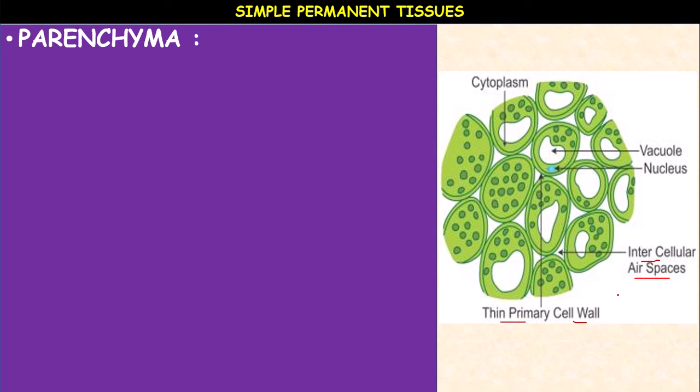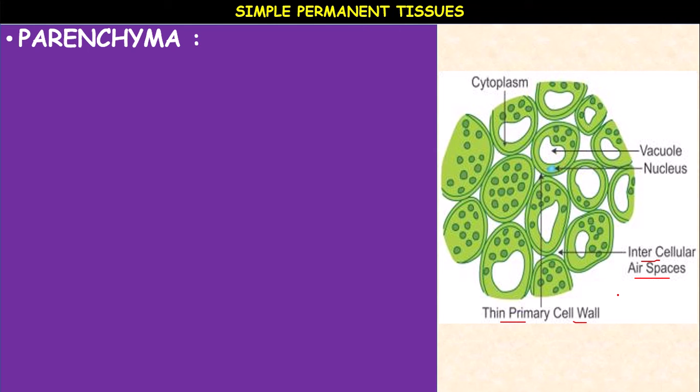Parenchyma is a fundamental tissue in the plants because it serves the functions of food storage, absorption, lateral conduction, photosynthesis, and it also provides buoyancy in hydrophytes. It also is involved in secretion. That is why this parenchyma is present in almost all parts of the plant.